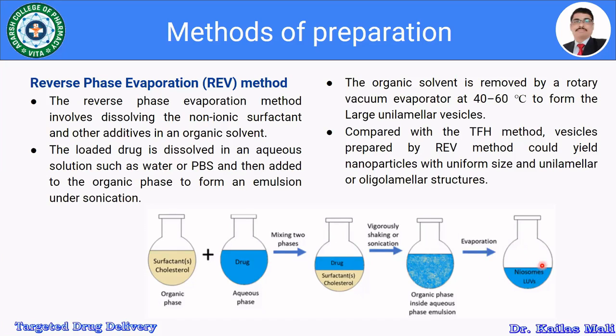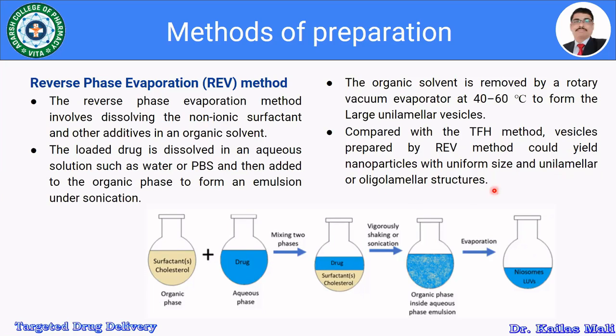Compared with the thin film hydration method, the vesicles prepared by the reverse phase evaporation method could yield nanoparticles with uniform size and a unilamellar or oligolamellar structure. So the niosomes we get in the reverse phase evaporation method are of uniform size and either a unilamellar or oligolamellar structure.